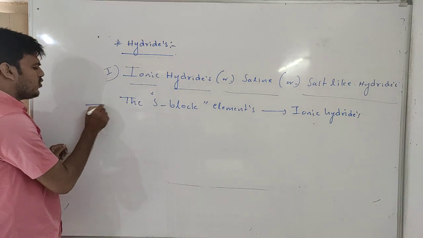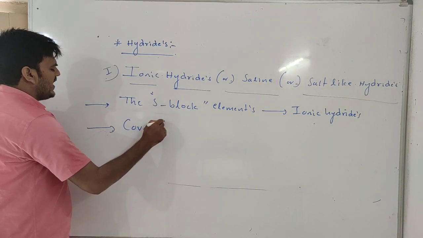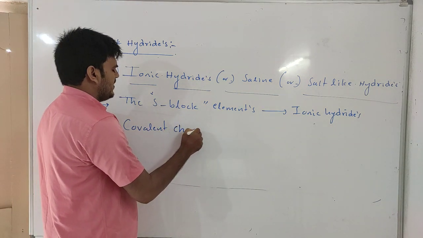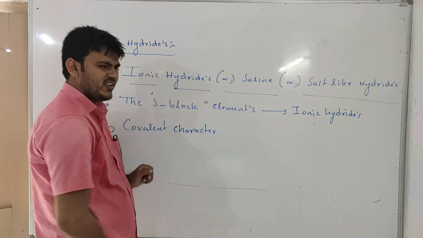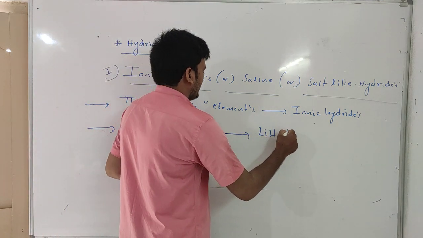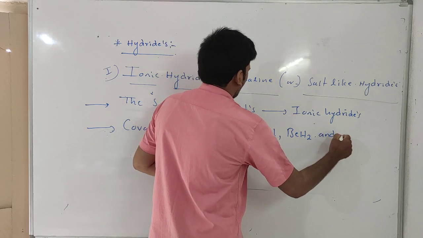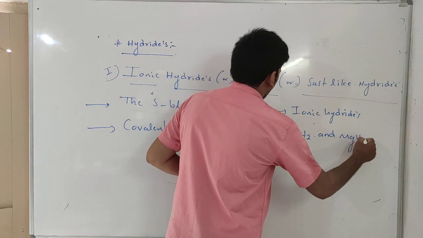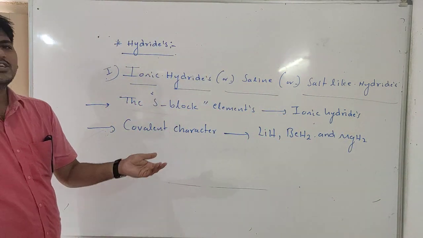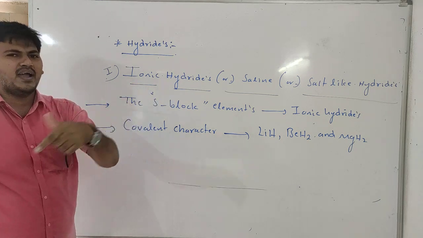The significant covalent character is found in lithium hydride LiH, beryllium hydride BeH2, and magnesium hydride MgH2. Actually, the S block elements form ionic hydrides.